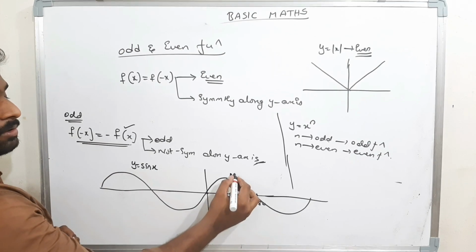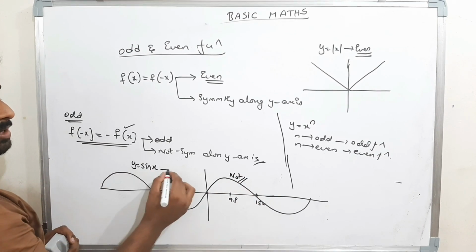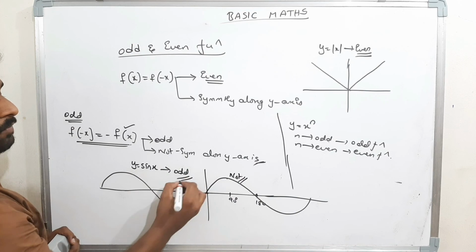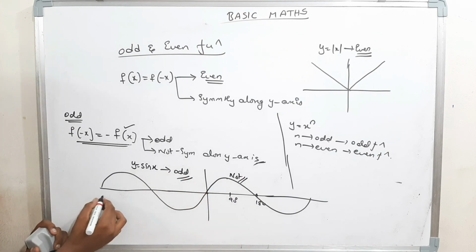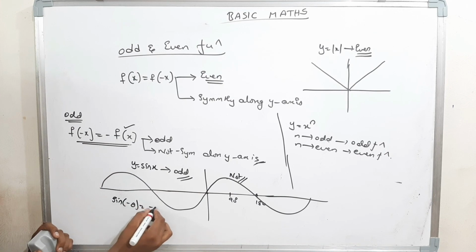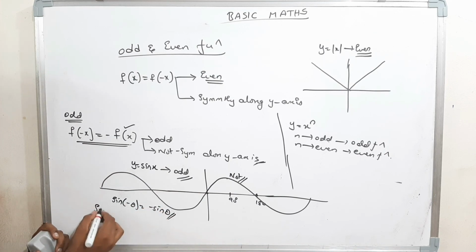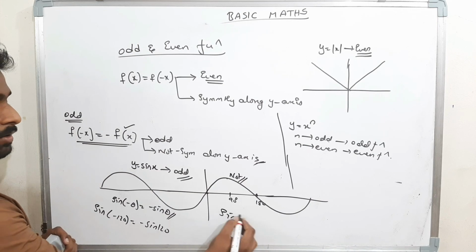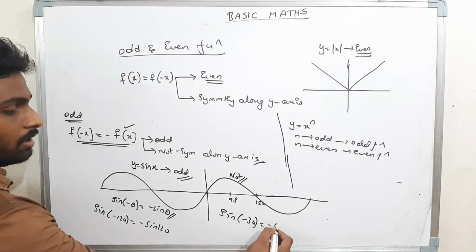Therefore, this is not symmetric. Therefore, it is an odd function. That is the reason why I told you sine of minus theta is minus of sine theta. Therefore, sine of minus 120 is minus of sine 120. Sine of minus 30 is minus of sine 30.